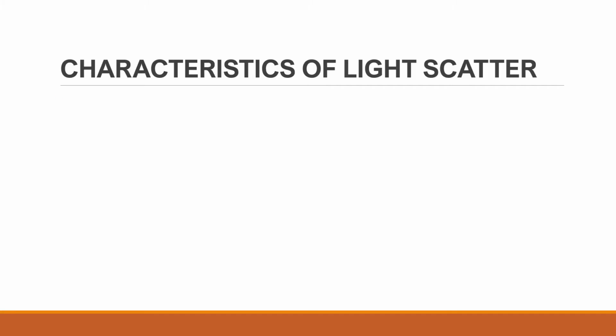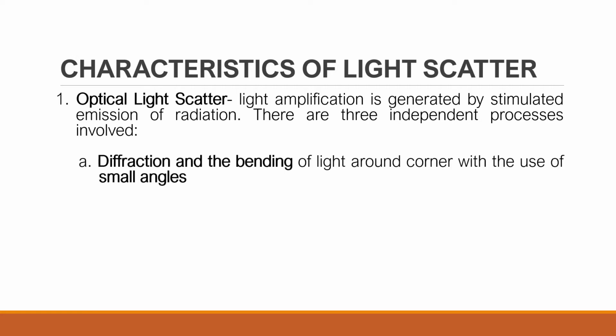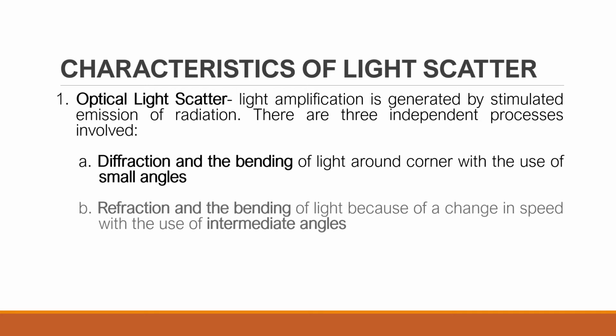Now we go to the characteristics of light scatter. There are two characteristics of light scatter, and we start first with the optical light scatter. Light amplification is generated by stimulated emission of radiation, and there are three independent processes involved here. The first one is diffraction, the bending of light around corners, with the use of small angles.